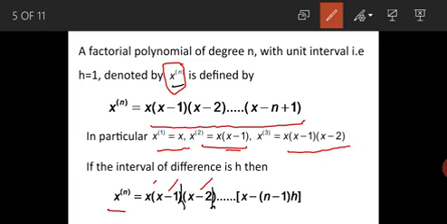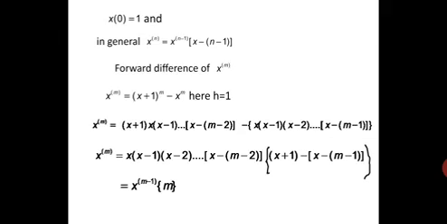Like this it goes on up to x minus n minus 1 times h. Right, friends? Now in general, x factorial n is equal to x factorial n minus 1 into x minus n minus 1.